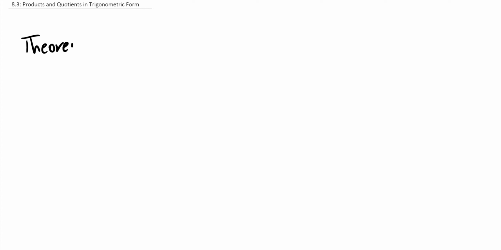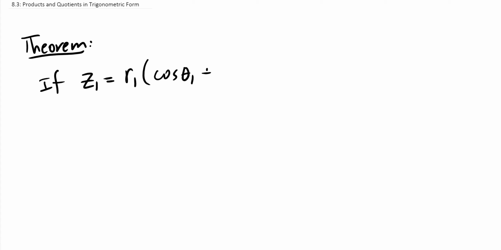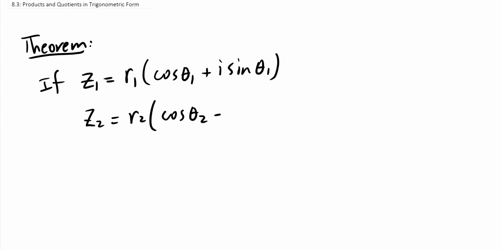The theorem says, if z1 is a complex number written in trigonometric form, r1 cosine theta 1 plus i sine theta 1, and z2 is r2 cosine theta 2 plus i sine theta 2, so we have two complex numbers written in trigonometric form, the theorem says two things.